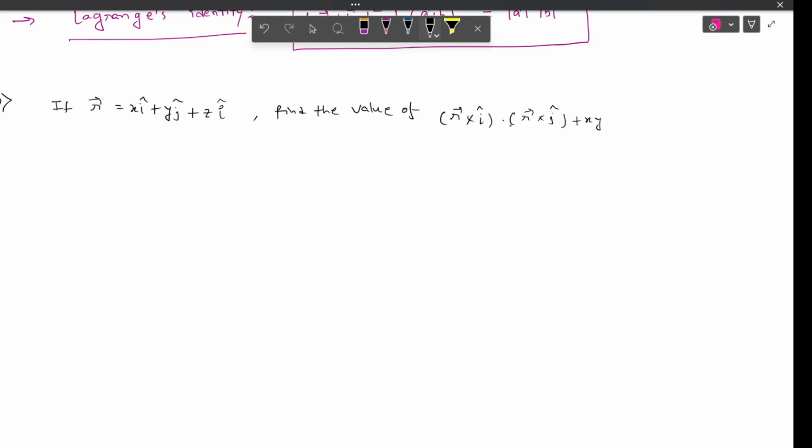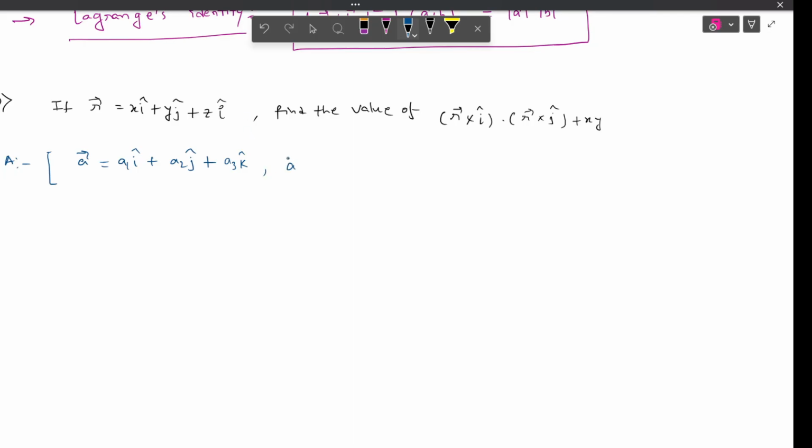Okay, now before that you have to know, let us say we have vector A as A1 i cap plus A2 j cap plus A3 k cap.